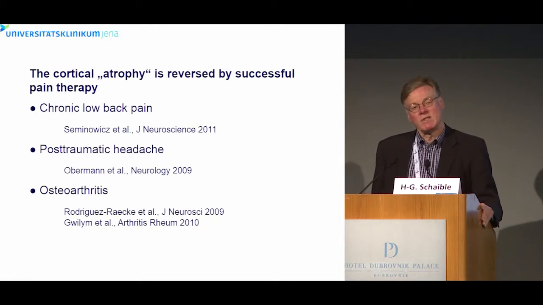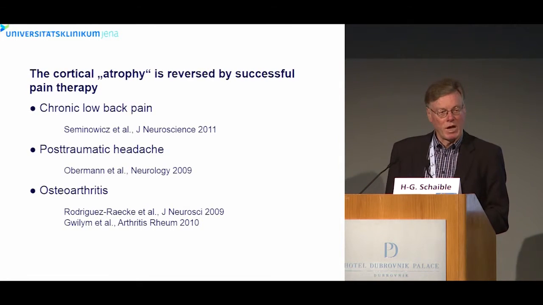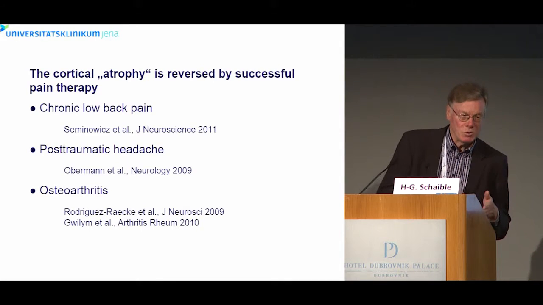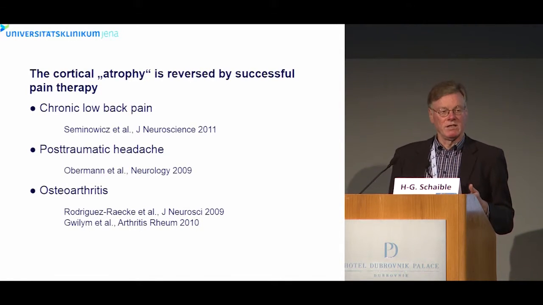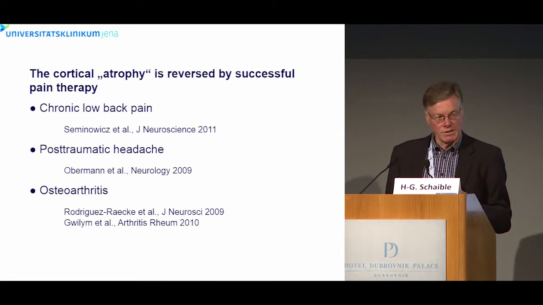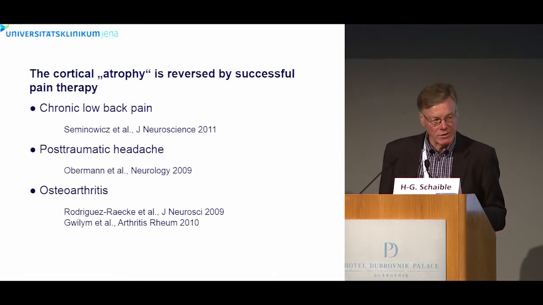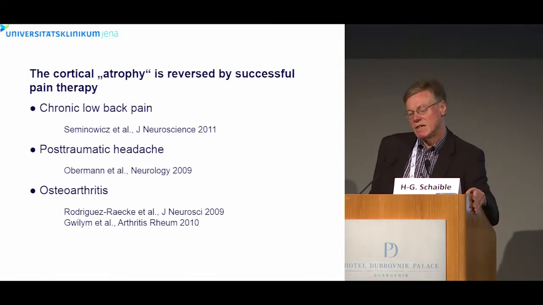So this is the question then, is it a consequence of pain, or does it produce the pain? This question has also not been solved, but it shows very clearly that these patients with these chronic diseases have changes in the brain which are probably significant for the pain maintenance as well.